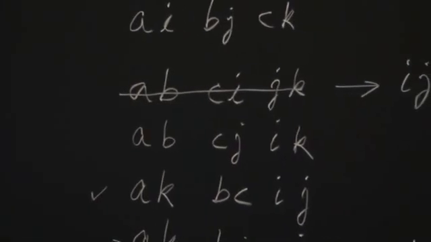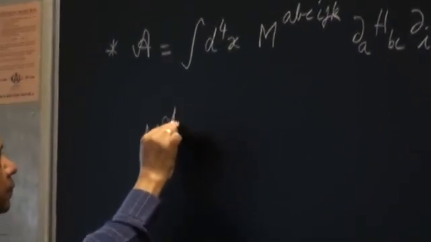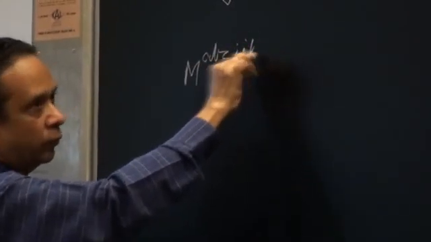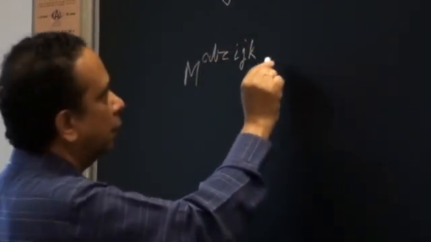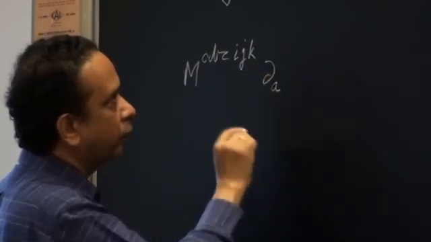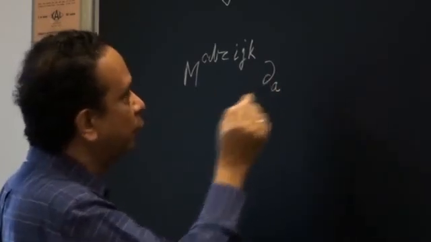Let us look at any one of these terms, in particular this term, that has a structure which is like something with, let me just write it down, M, A, B, C, I, J, K, D, A, okay, I won't even put the contractions.